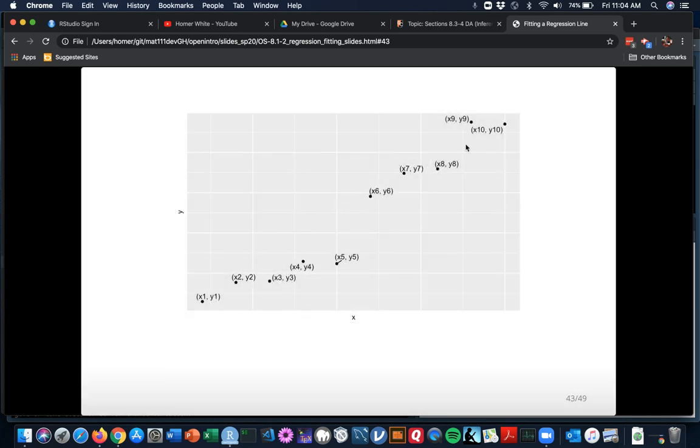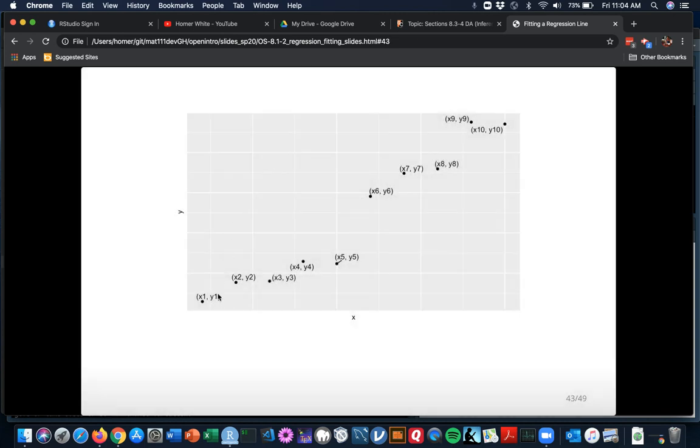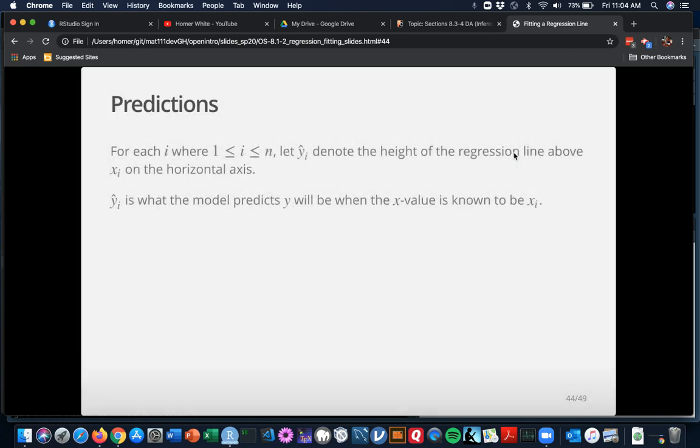And so maybe here's an example where there's 10 points on the scatter plot. x1, y1, x2, y2, all the way up to x10, y10 up here. Okay? Now, for each i, where i ranges from 1 to n, so in our little example here, i would range from 1 to 10, let's let yi hat denote the height of the regression line above the value xi on the horizontal axis.